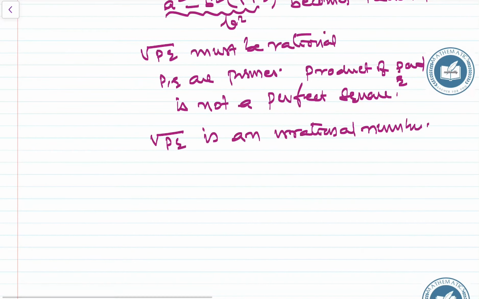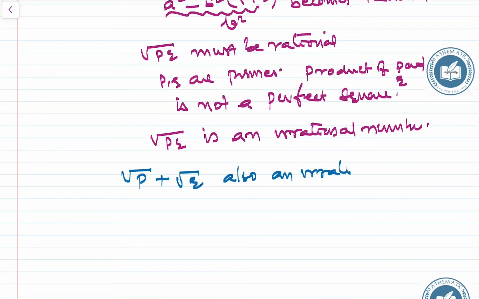So therefore root p plus root q is also an irrational number. For example, suppose you take root 3 times root 5. So it becomes root 15.